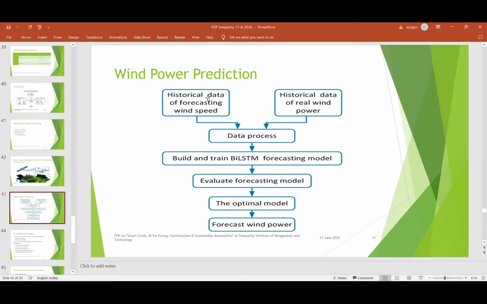So historical data can be compared with the real wind power. Both are given to the LSTM model, and after training and testing, it is deployed, and the forecasting can be done.